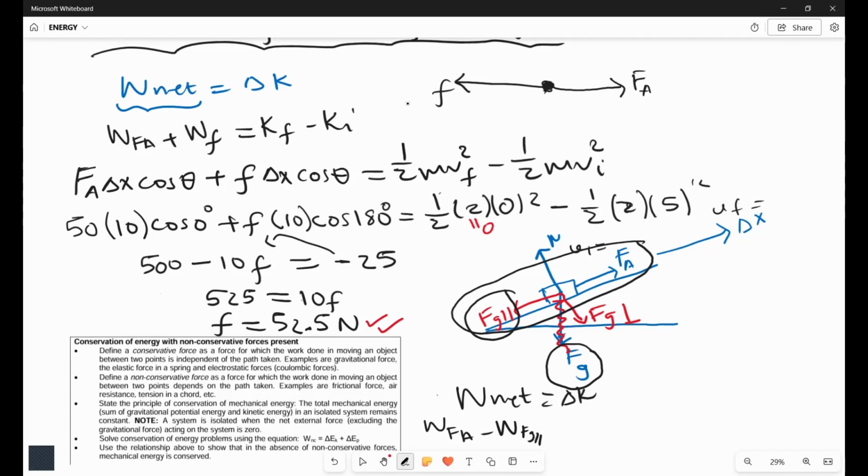I avoid using horizontal because in this case it is not necessarily horizontal, it is on an incline. But when I say parallel, I know it is parallel to my slope there. So the only time that you're going to include Fg when you calculate the work is when you have its component. All right. I hope that's clear.